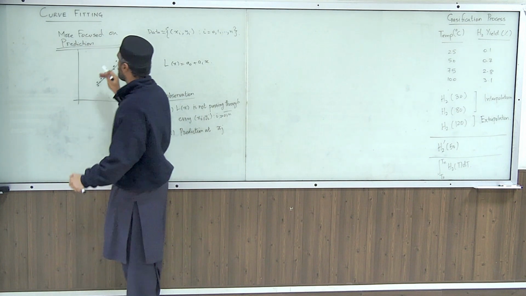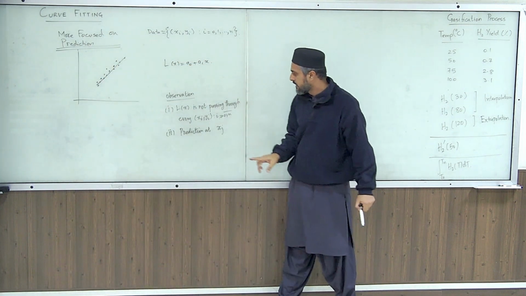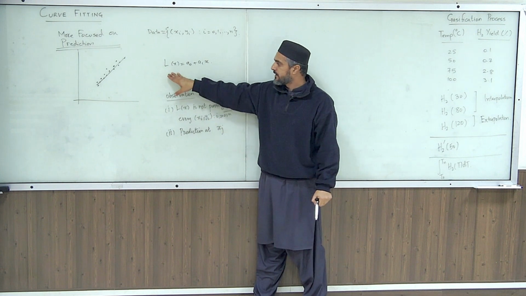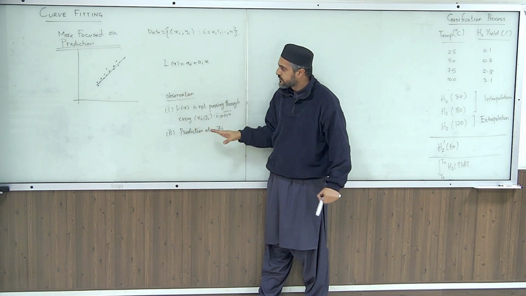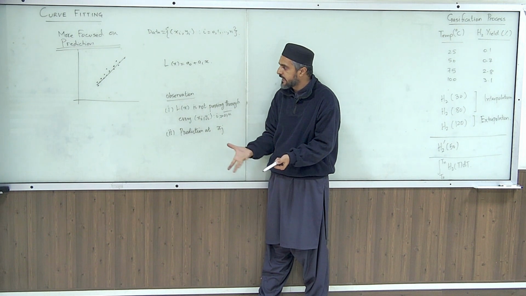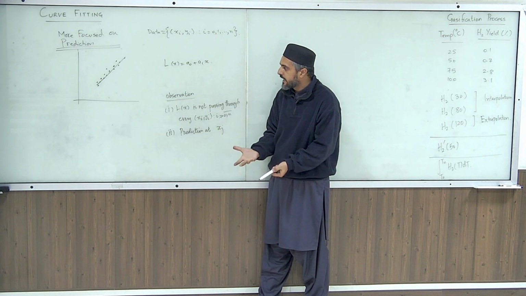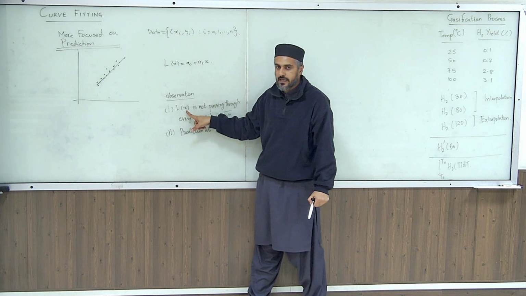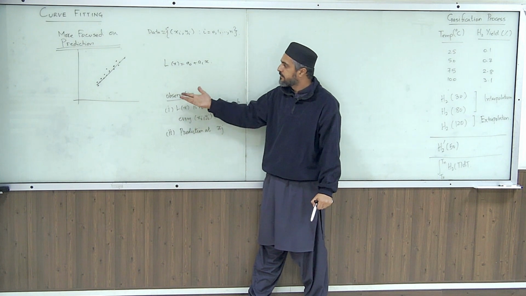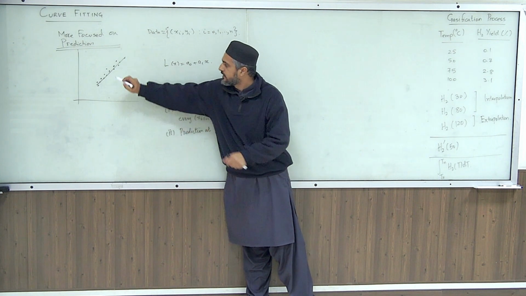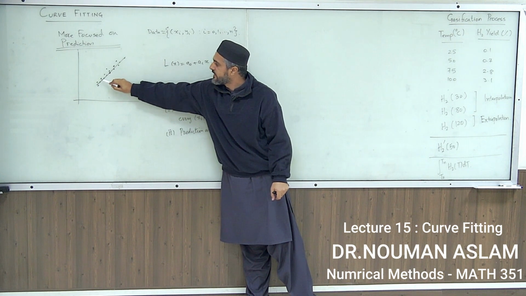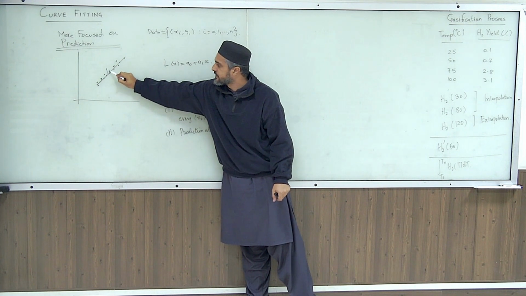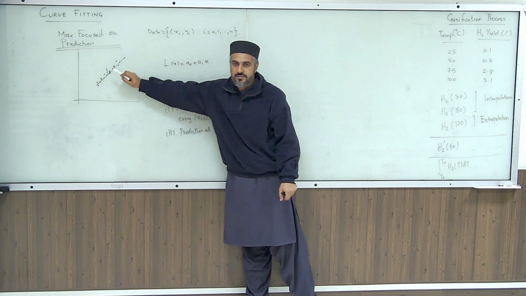When you focus more on prediction, you develop a curve which will not pass through every point. That's why there is a concept of the error that we calculated at every xi. At some xi the prediction passes through the data, but you see a deviation here, and here. I'm talking about this deviation.